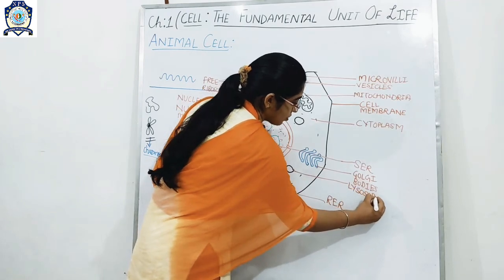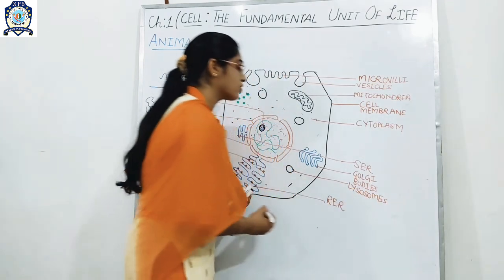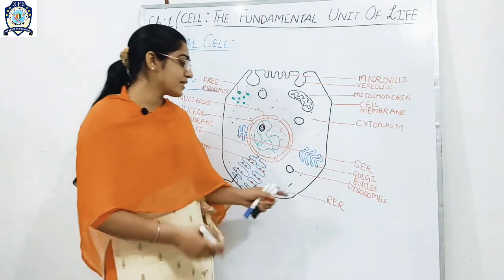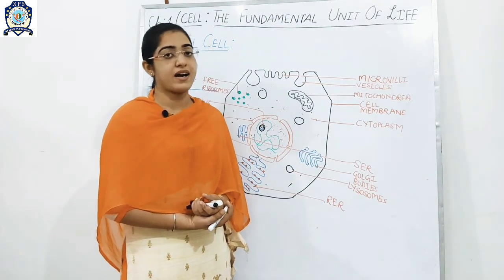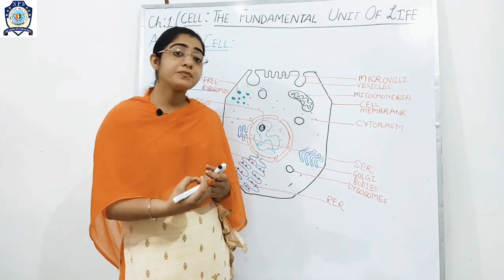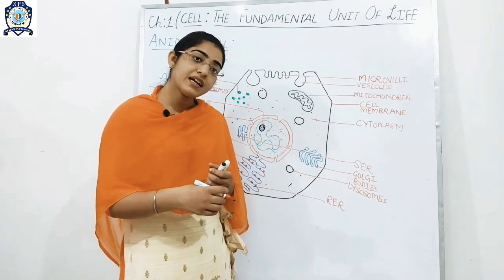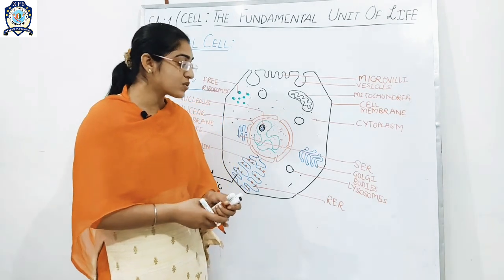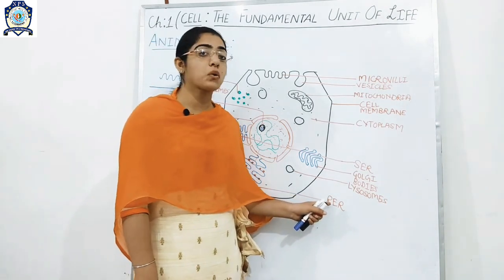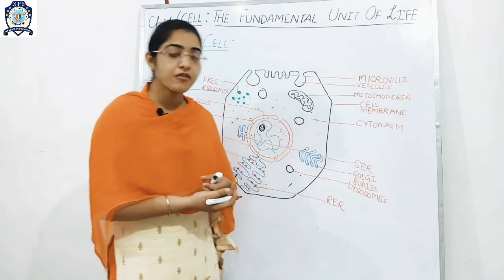If we talk about the function of lysosomes, what are lysosomes? They are the digestive bags. They absorb foreign material and also help to digest it. So that's why lysosomes are called the digestive bags.